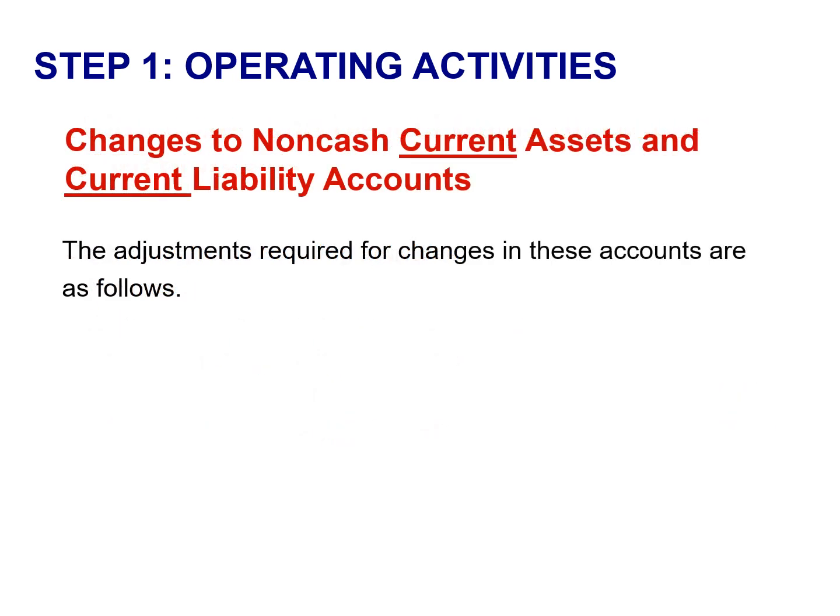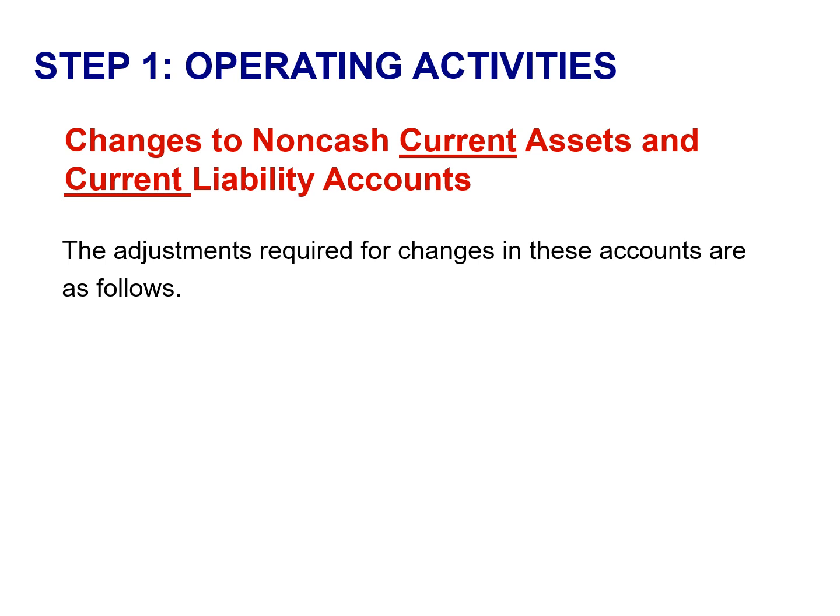The last step to reconcile net income to net cash provided by operating activities involves examining all changes in non-cash current assets, except for short-term investments, and current liability accounts other than amounts owed to financial institutions. The accrual accounting process records revenue when earned and expenses in the period incurred.